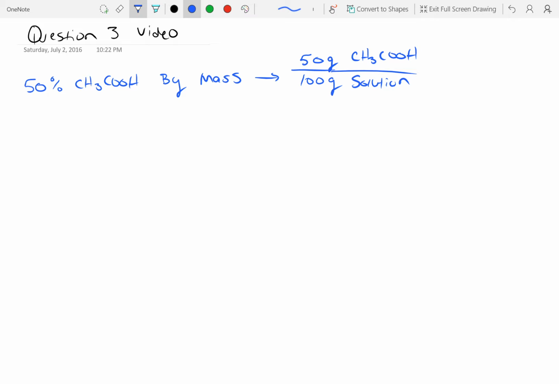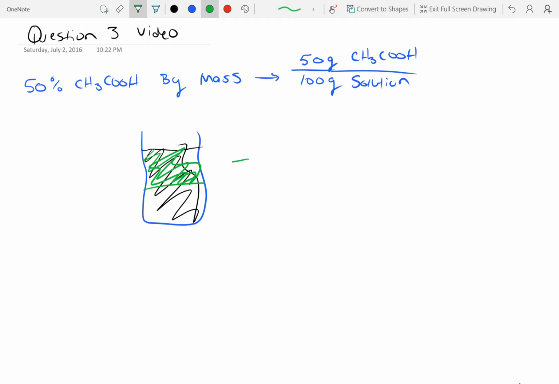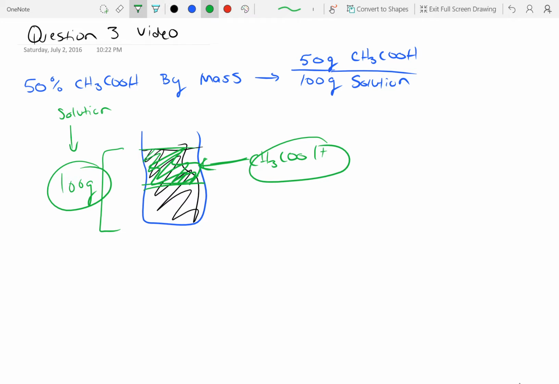If we have a beaker full of a whole bunch of stuff and the whole thing is 100 grams, half of it is CH3COOH, and this 100 grams is called the solution because it's a mix of 50 grams of CH3COOH and 50 grams of who knows what.